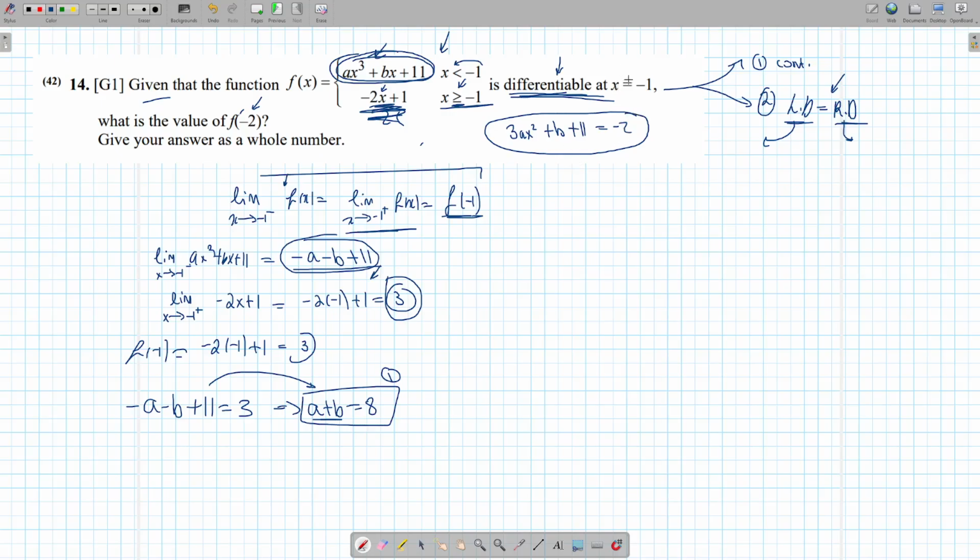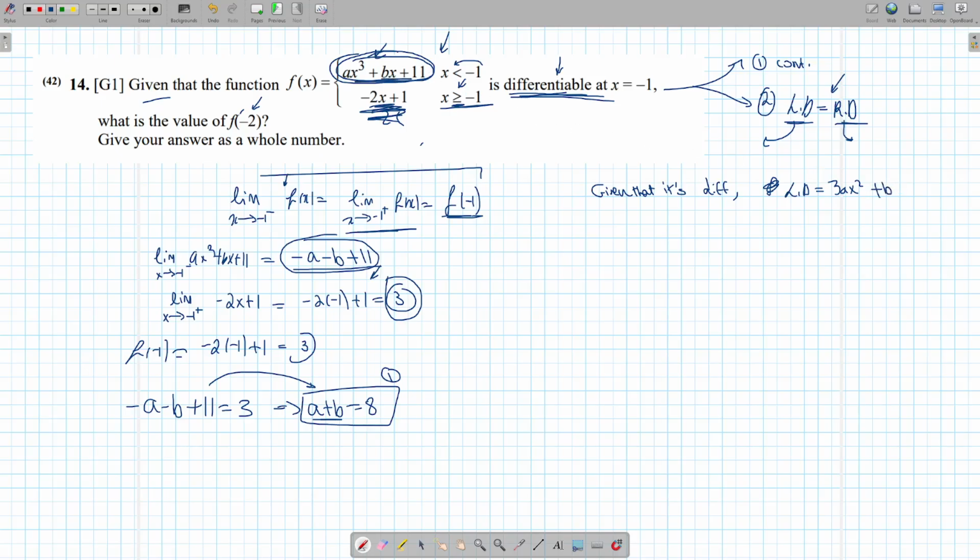Very easy. We know we're talking about x equals -1, right? So let me write this in a more organized way. Given that it's differentiable, the left derivative will just be equal to the normal derivative, 3ax squared plus b.